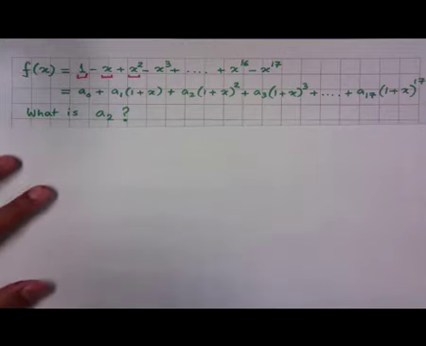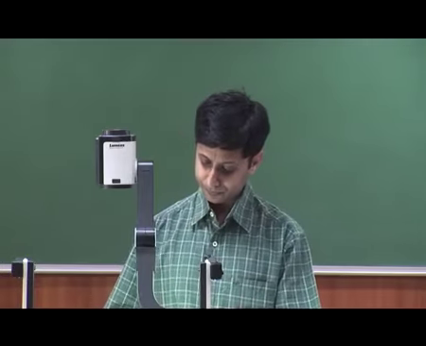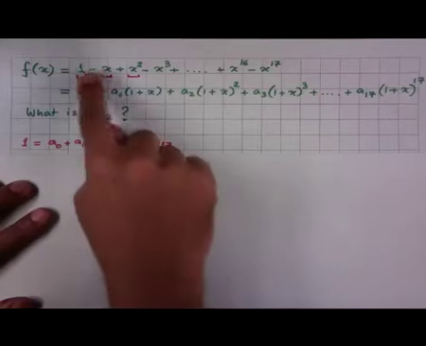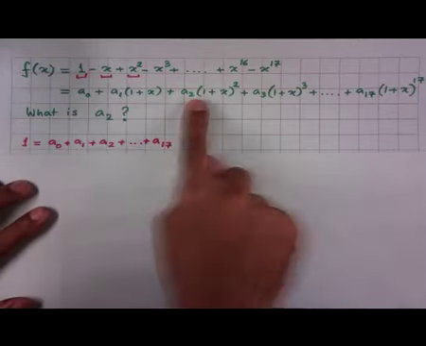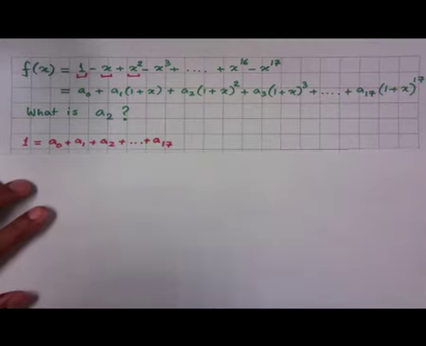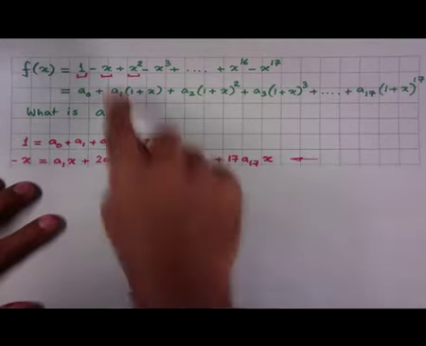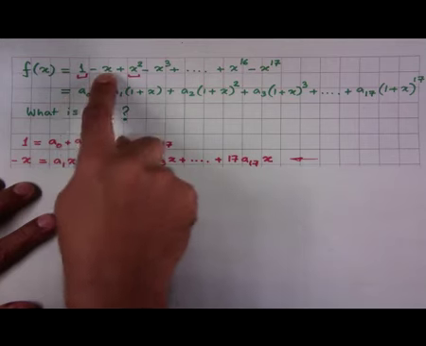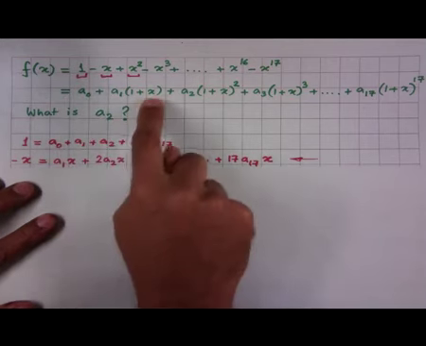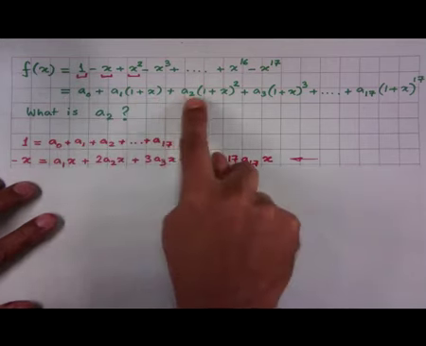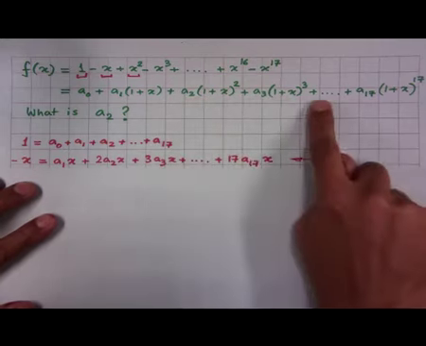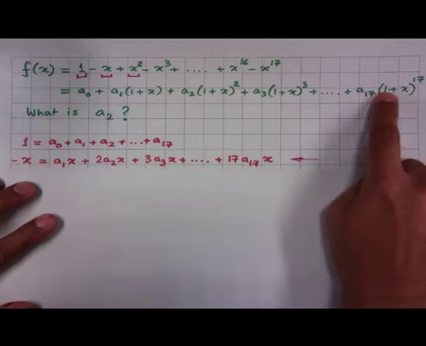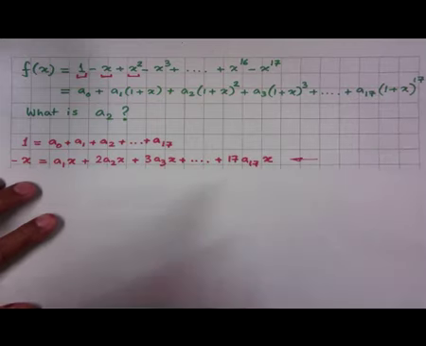And first we started with a brute force expansion. So, we saw that the first term, 1, was equal to a0 + a1 + a2 + a3 all the way till a17. Then the second term, minus x, was equal to a1 times x + a2 times 2x + a3 times 3x + all the way till a17 times 17x.